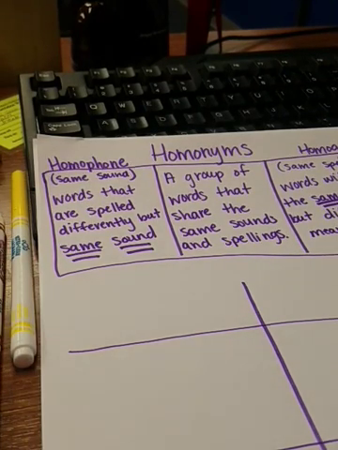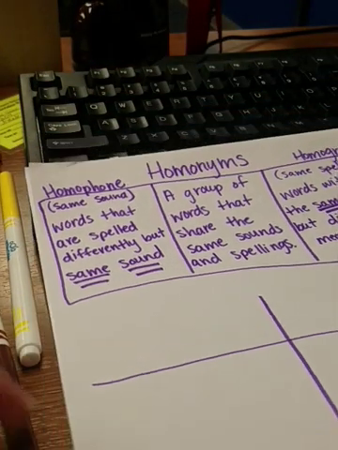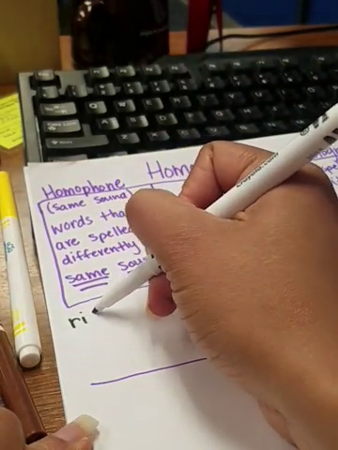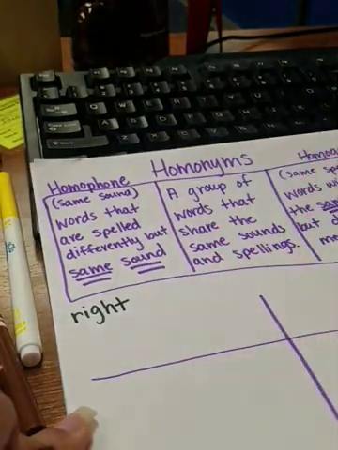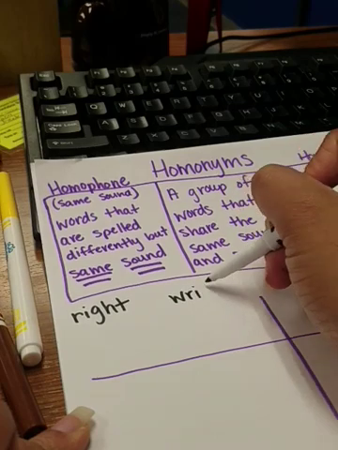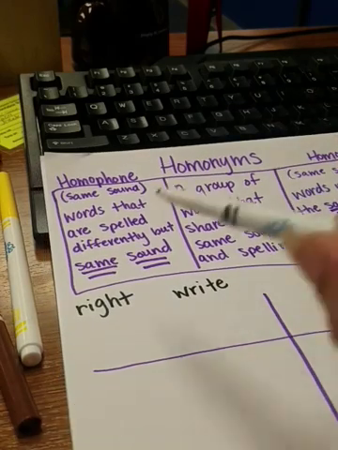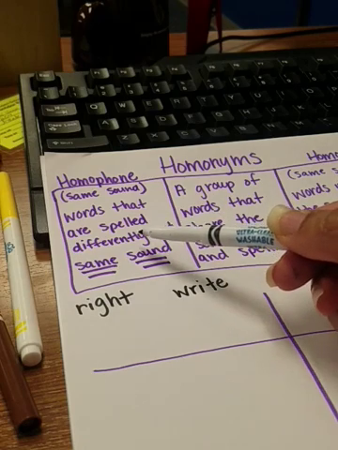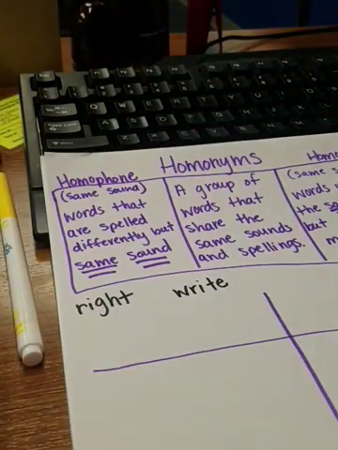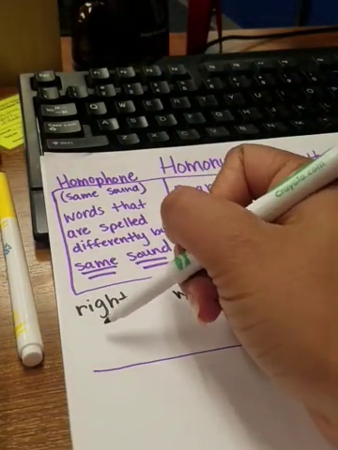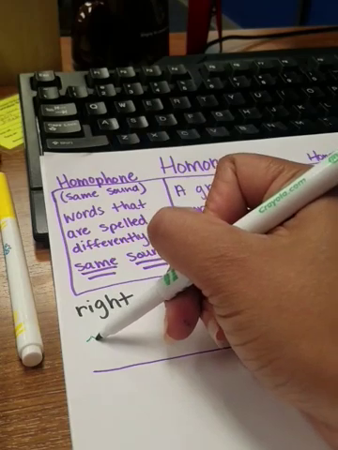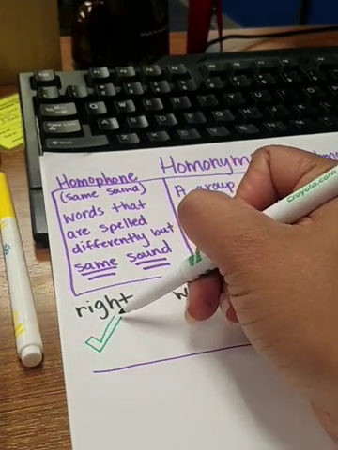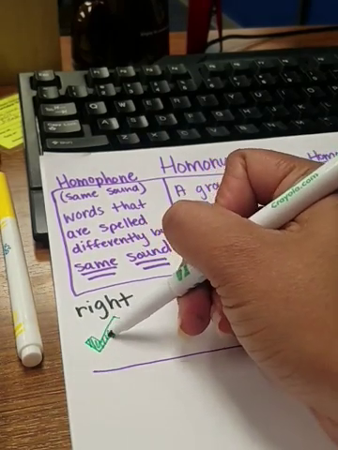All right, so let's think about the word right. The word right. And the word right. Okay, so we've got the same sound, right and right, but they're spelled differently. All right? And I'm going to go ahead and draw a picture so that I have a little mnemonic device. And when I think of the word right, I think of like a check mark, as if I got a question correct.